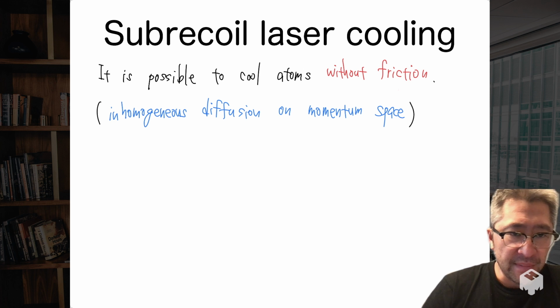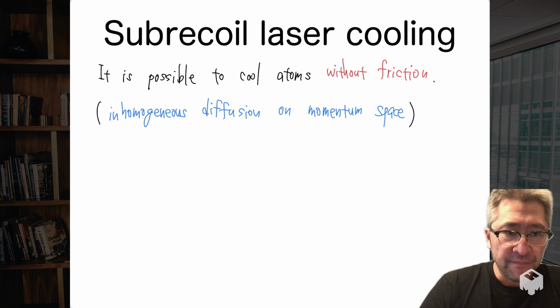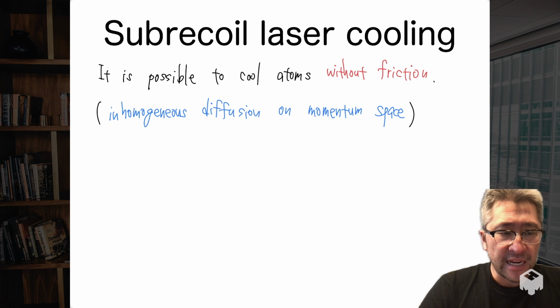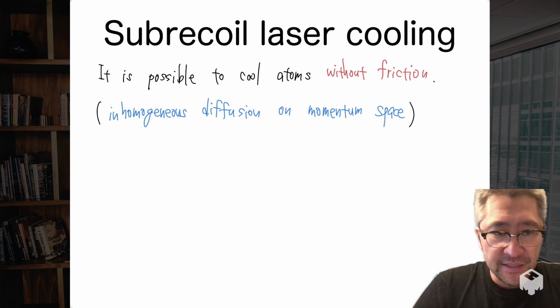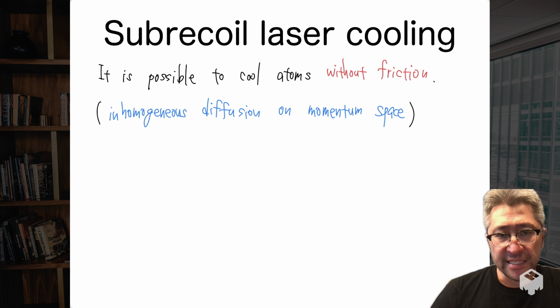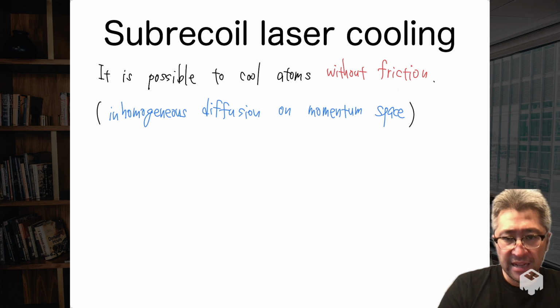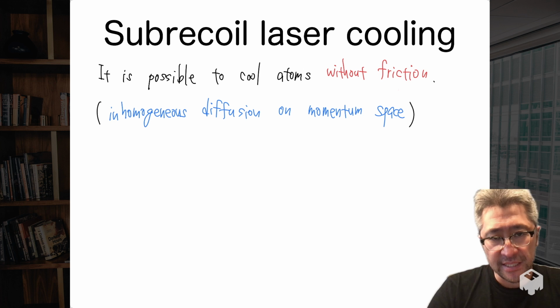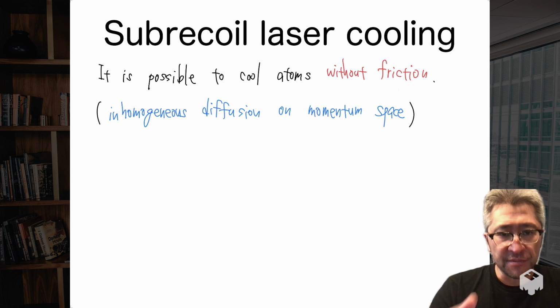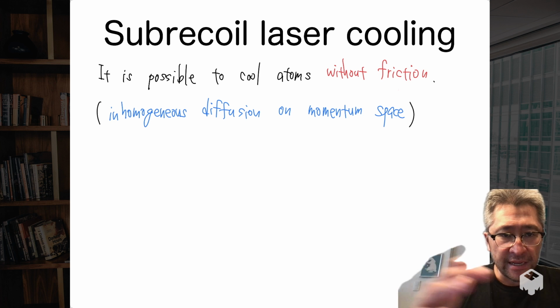In experiment, it is possible to generate this kind of inhomogeneous environment. The interaction with the laser is described by a random walk on momentum space, as in Doppler cooling. However, diffusion in momentum space is not the same everywhere.